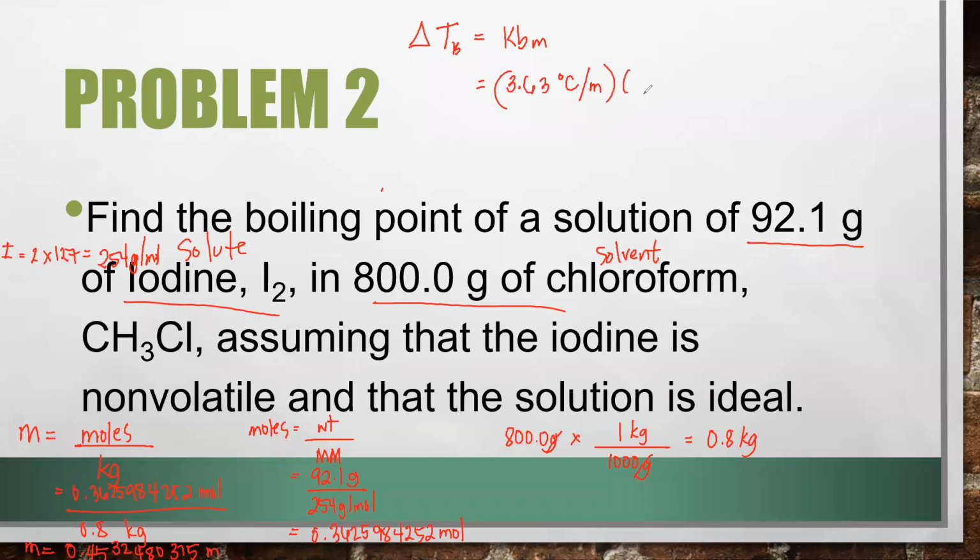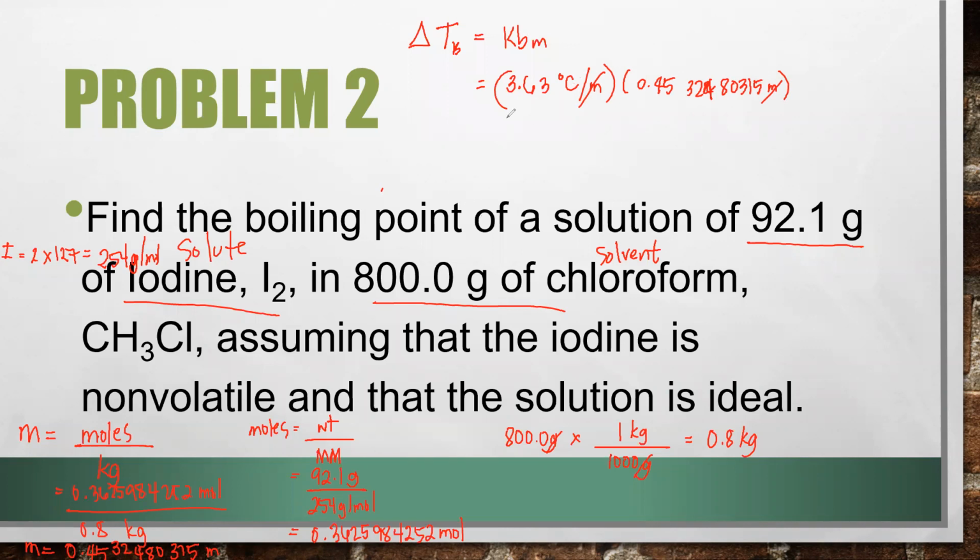We can proceed with the computation of the change in the boiling point temperature. We will multiply this one, 0.45324 80315 molal. So if we are going to multiply, cancel the small letter m. Answer na sila.